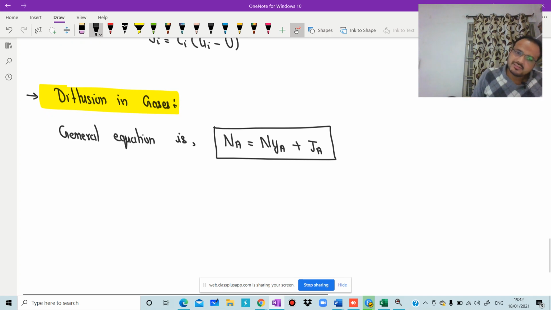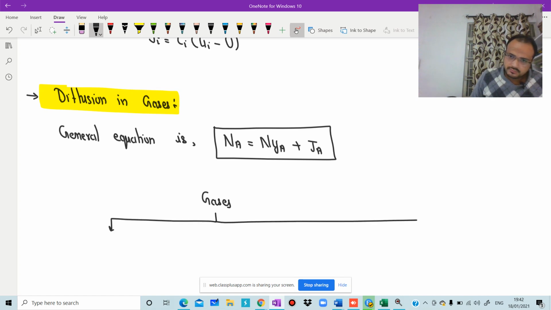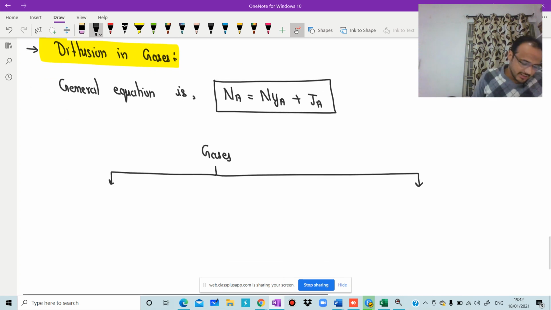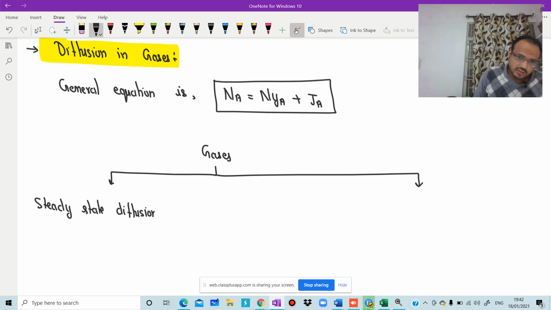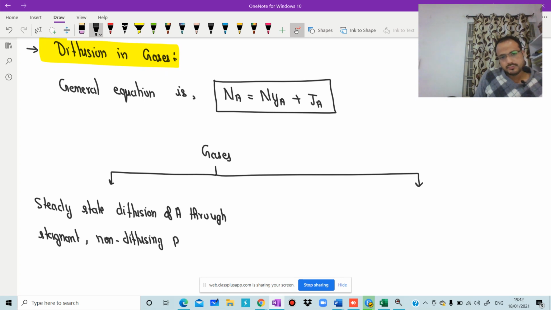We have two cases in diffusion in gases. First is steady state diffusion of A through stagnant or non-diffusing B, and in this case NB is equal to 0.